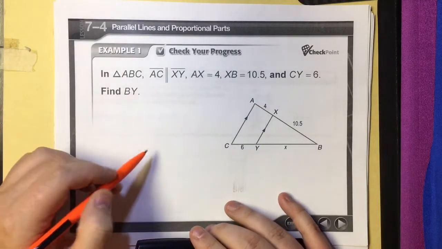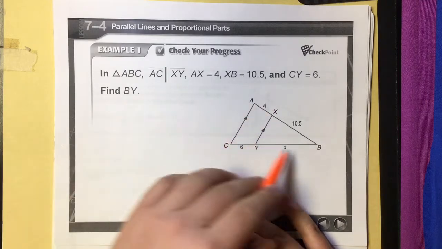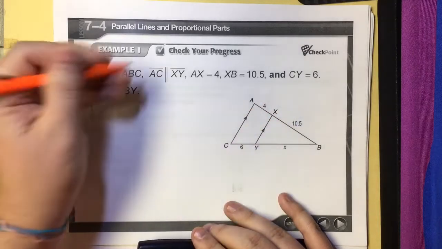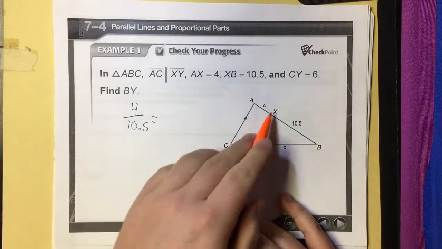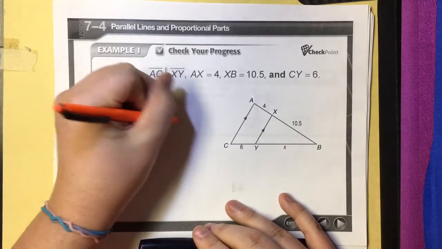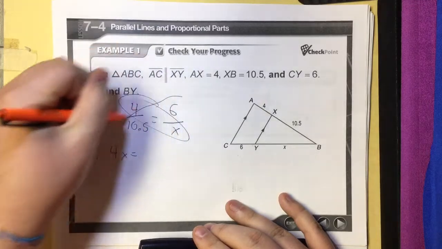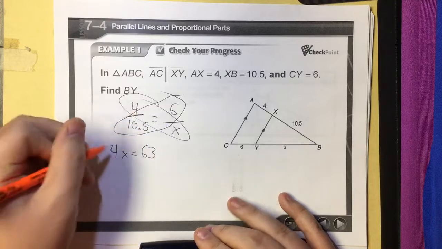Here again, same type of problem. We have a parallel side right here. We're looking for BY, which they label as x. So I'm going to do 4 over 10.5 is equal to 6 over x. 4x equals 60 and 3, 63.